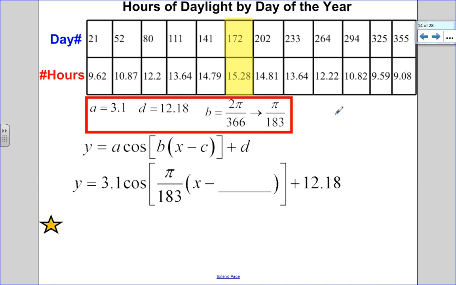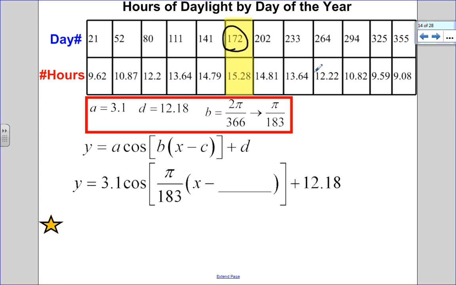I want to check what the other maximum point would be. If I have one that is 172 days into the year, the other maximum is going to be 366 in the other direction. So since 172 is less than half, I know that this is the best starting point.